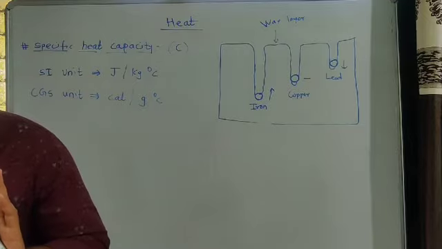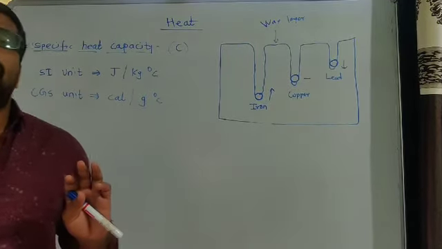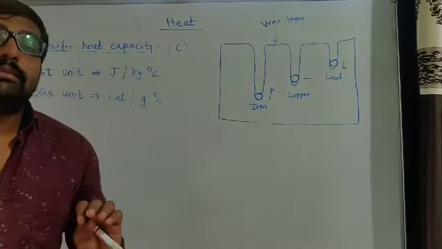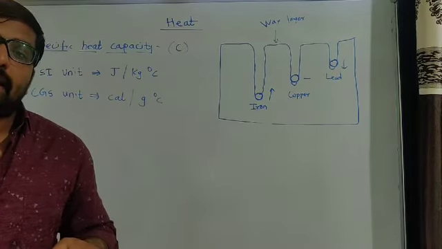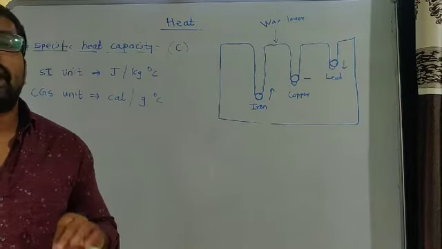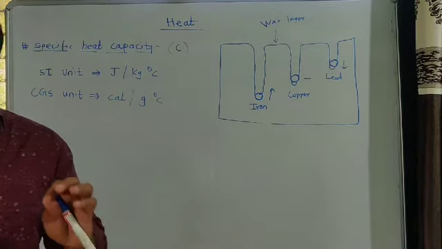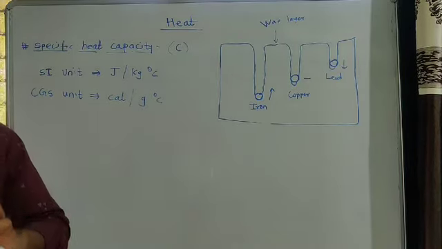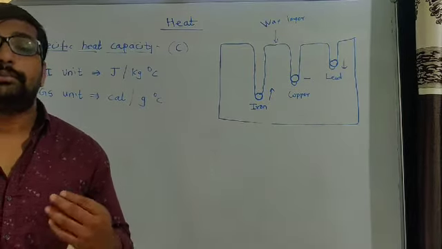Next is paraffin. If you want to increase the temperature of 1 gram of paraffin by 1 degree Celsius, then we have to provide 0.54 calorie of heat energy.